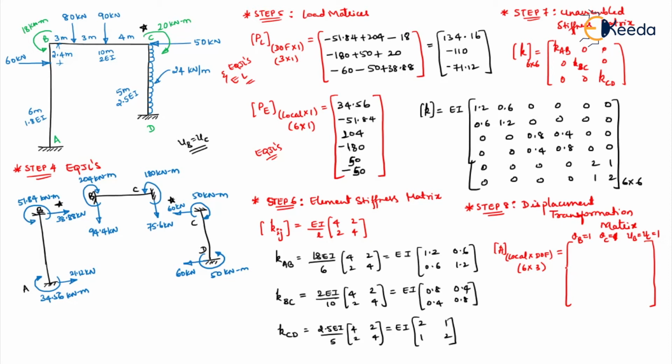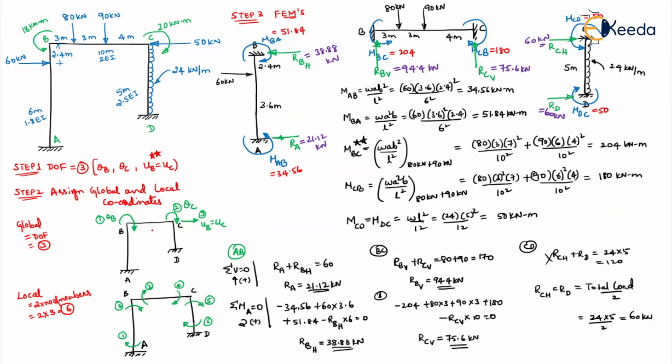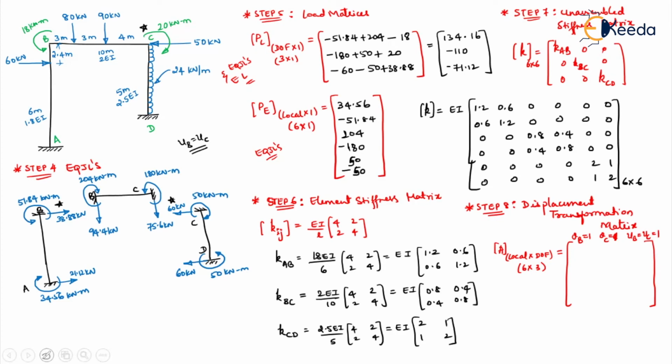Okay, so if you are applying at B, what will happen? 2 and 3 local coordinates will be affected. Right, then if you are applying moment at C, then 4 and 5 local coordinates will be affected. So first is 2 and 3. So for 2 and 3 you should have 1, 1. And for the second case 4 and 5, you should have 1, 1.